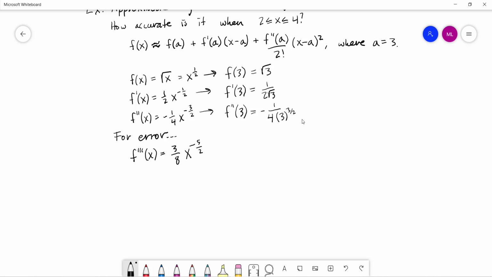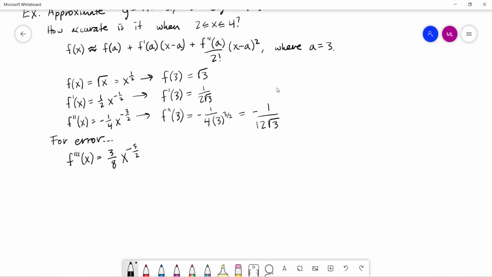When we do it to the 3/2, you could think of it as 3 times a root 3. So we could rewrite this as negative 1 over 12 root 3. And I'm fine with keeping these improper radicals where the radicals are in the denominator. Don't care about that. But these are our values, whatever those happen to be.